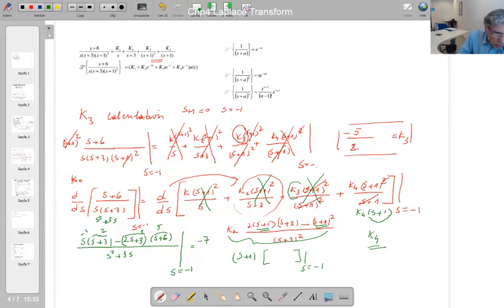So minus 1, the square of it is 1, isn't it? So that's going to be minus 3. So that's going to be minus 2 here.